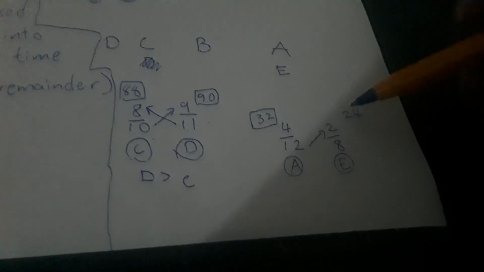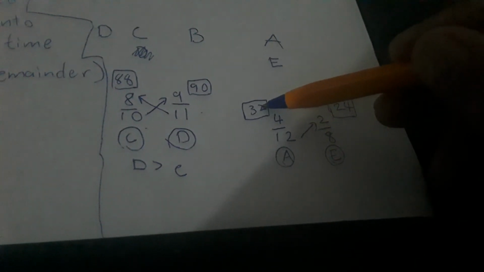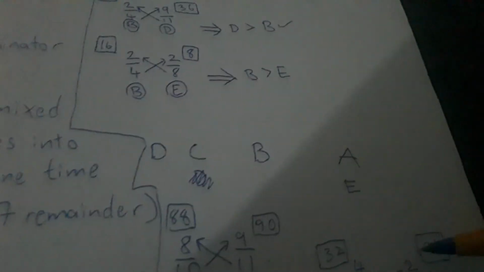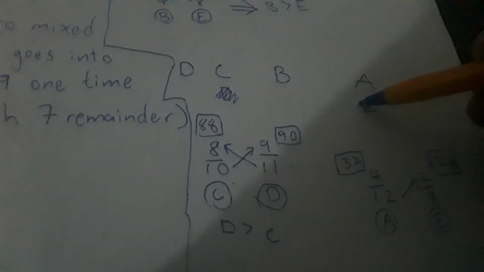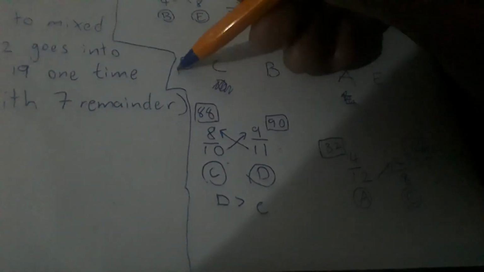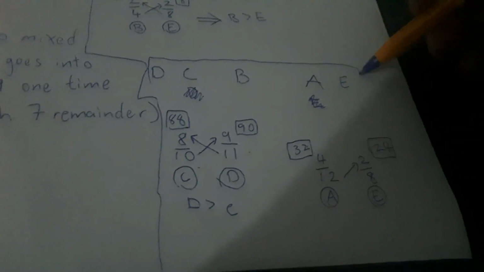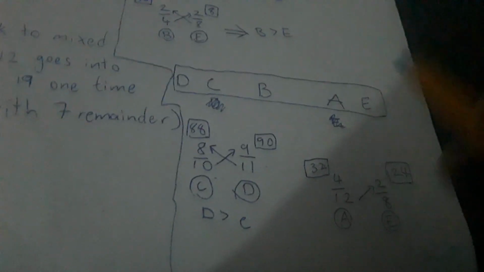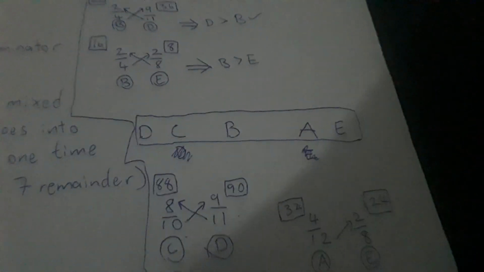So we know that A is actually bigger than E, so we can scratch this out and write it like that, and this is actually our answer. All you need to do is, obviously, this will correspond to those fractions, and you can just write it out again.